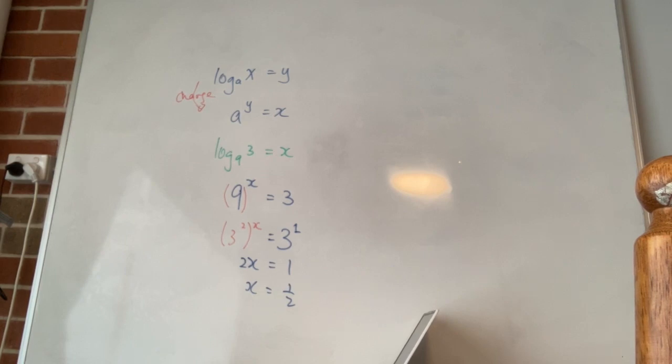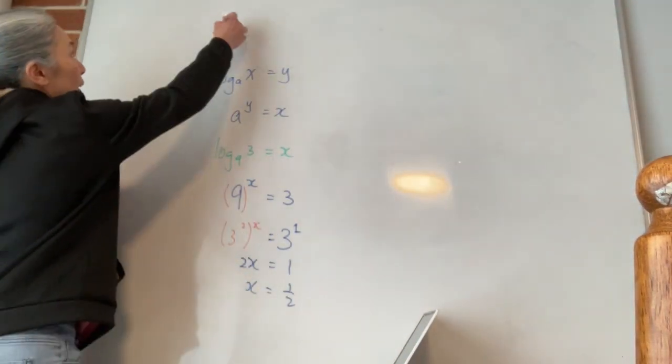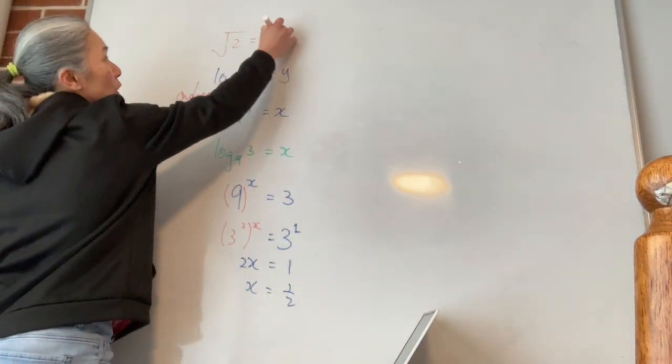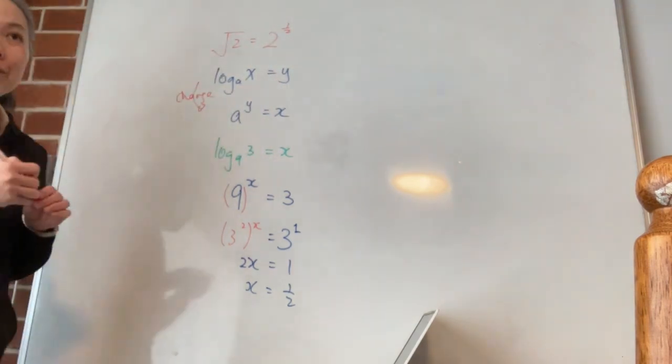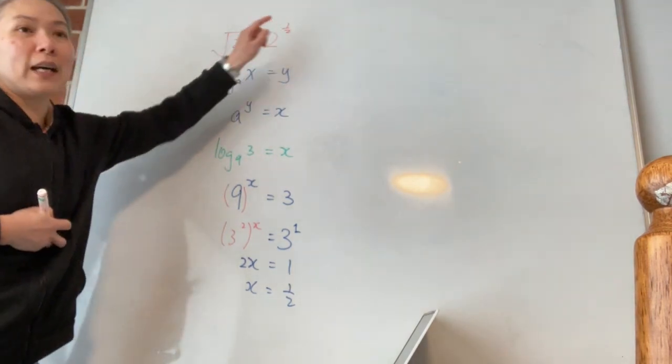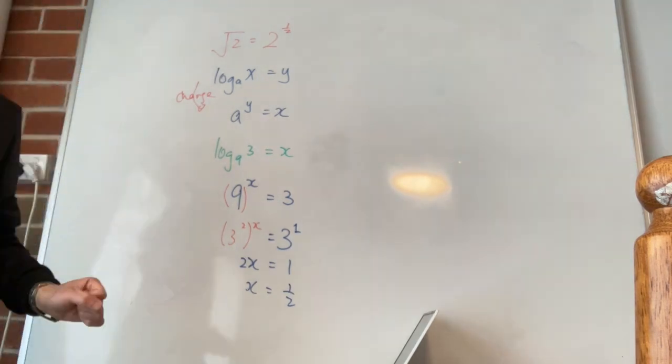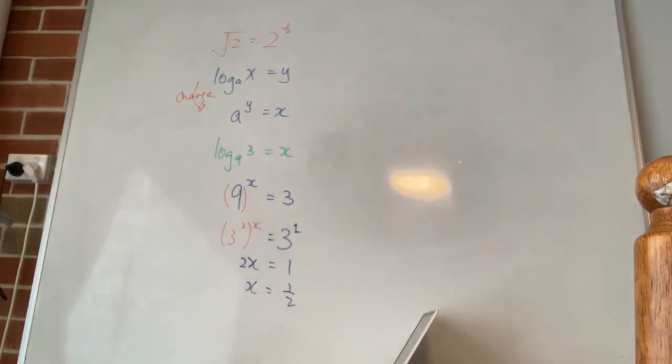Yes, I saw your 1 on 9. And this is a half, 2 to the power of a half. Whenever you see root, root of 2 means 2 to the power of a half. The root means half. Get rid of the root, change it to a half. That is question C.